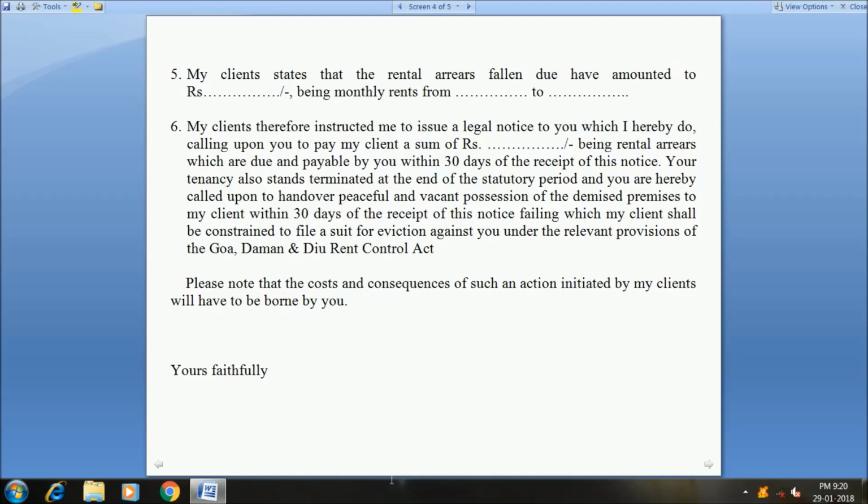You can also invite the opposite party to come and settle. That is also possible in a legal notice. It will not hamper your legal remedies, should you want to avail them subsequently if the notice fails. So that is also an important factor that you have to consider in a legal notice.